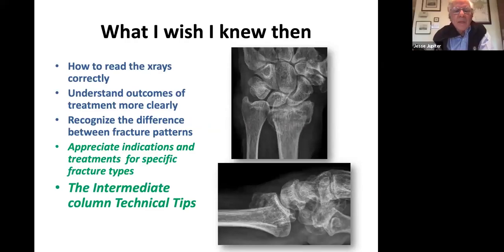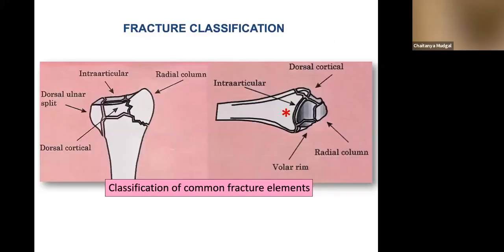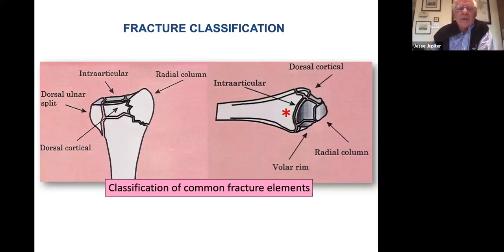Okay, so the next question you asked me was some tips, particularly for the intermediate column. That's right. And we should talk about, to know what we're talking about, several investigators started to try to figure out that the weight-bearing surfaces and the articular surfaces can be viewed in terms of different components.